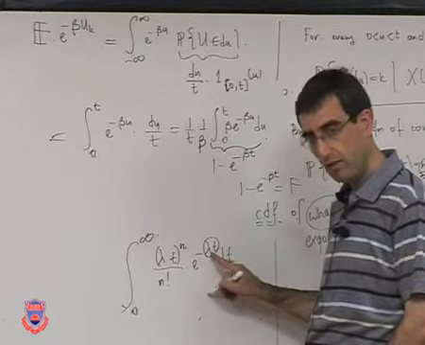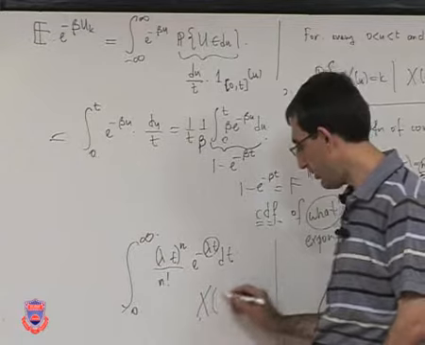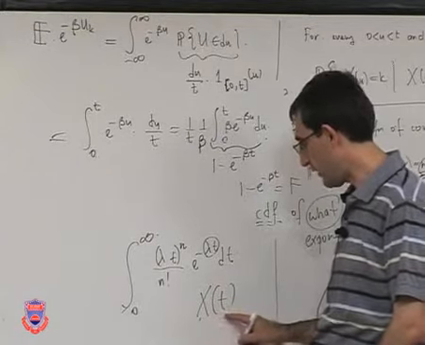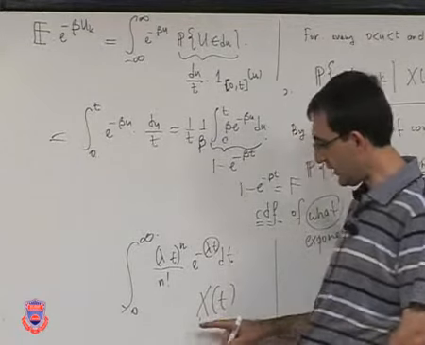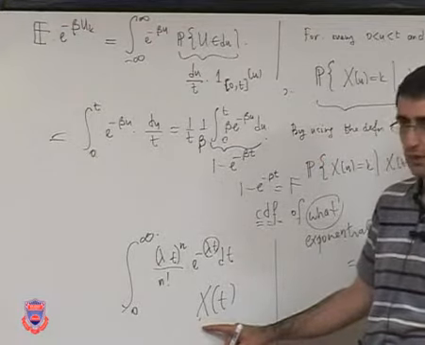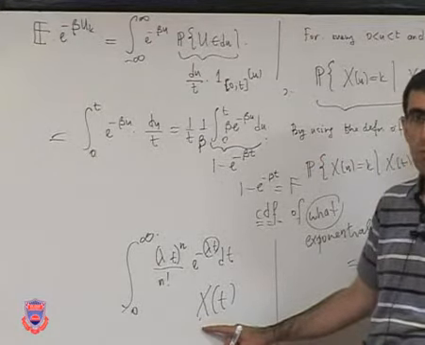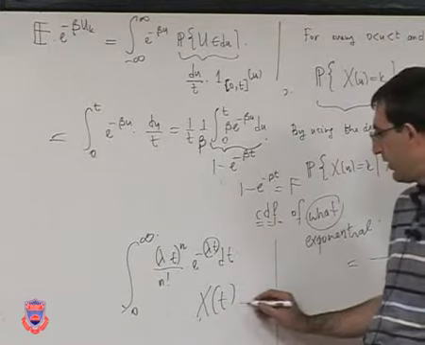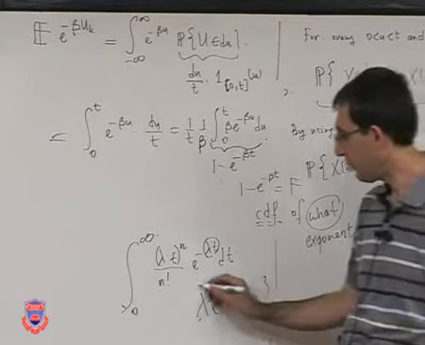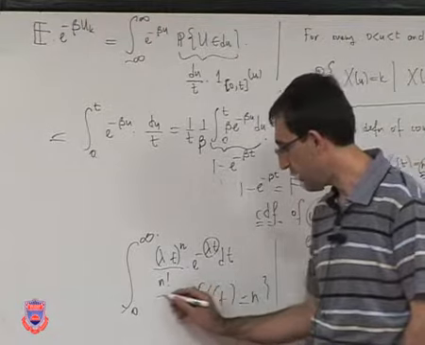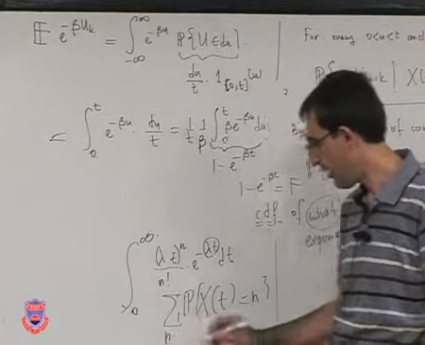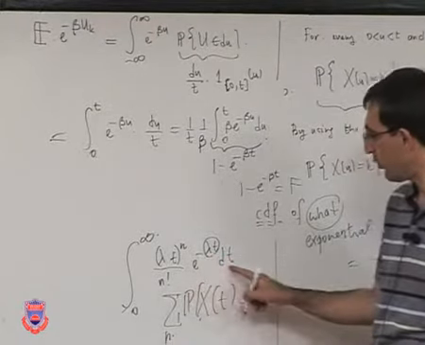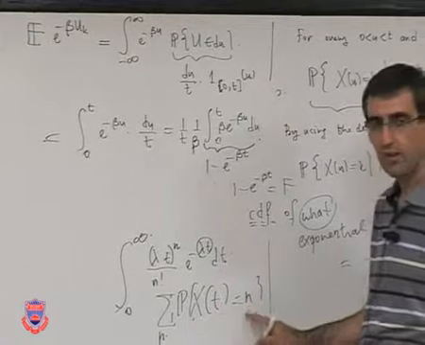The mean of the number of arrivals until time t if x is a Poisson process with rate lambda. But you have to be careful. This is a discrete random variable. If you are talking about the total probability, then you sum over n. Okay, this is a sum, but this is a sum over t, this is a sum over n. So this is 1.